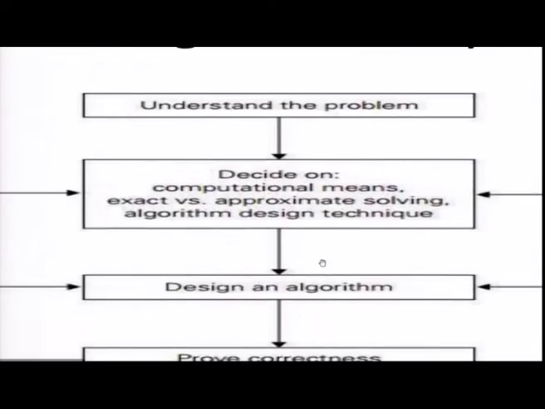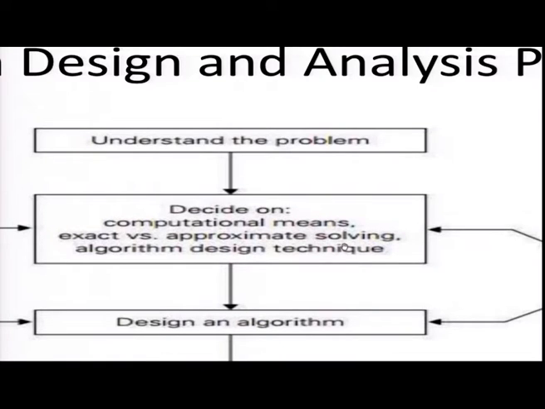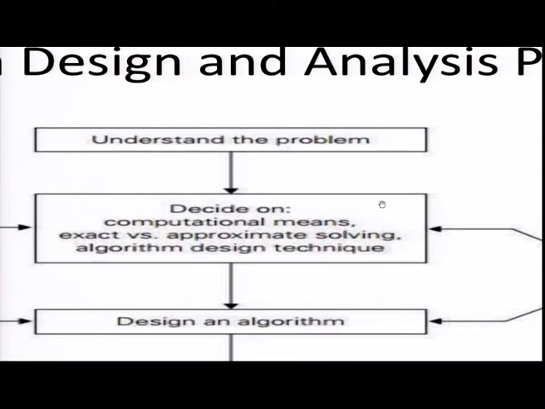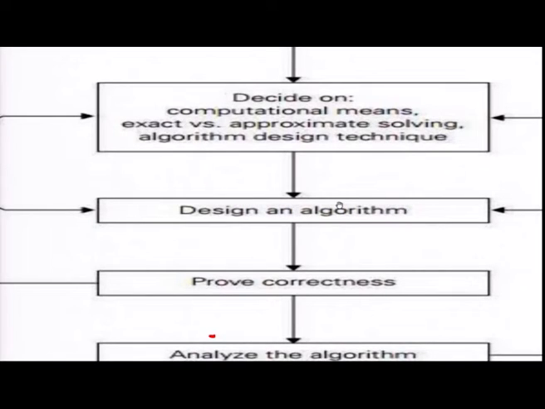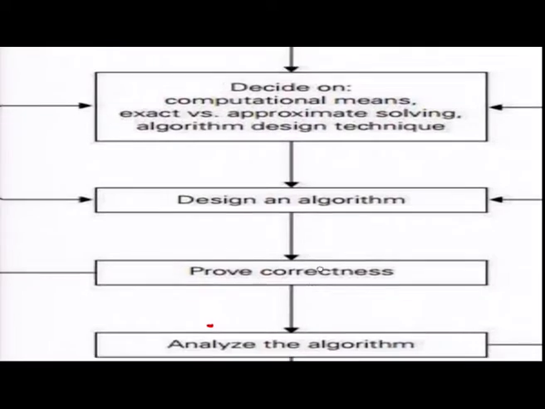So I repeat, first of all you are supposed to understand the problem, then decide on the computational means, with exact and approximate solving, then find out the exact technique for the algorithm design, and based on the findings design an algorithm. If the design is correct, you check for correctness, you validate the algorithm by proving the correctness.